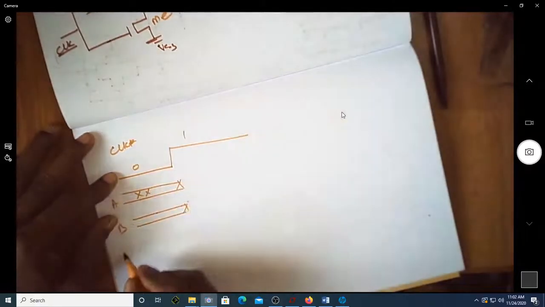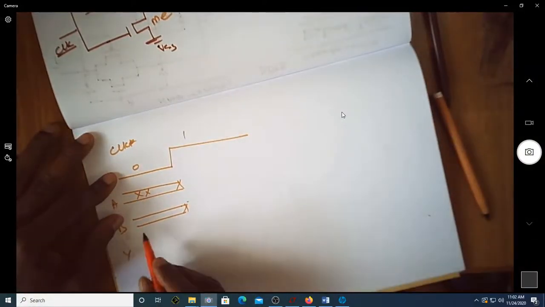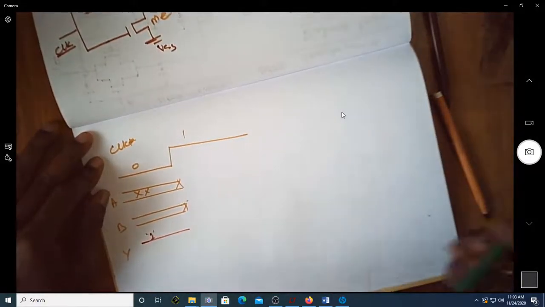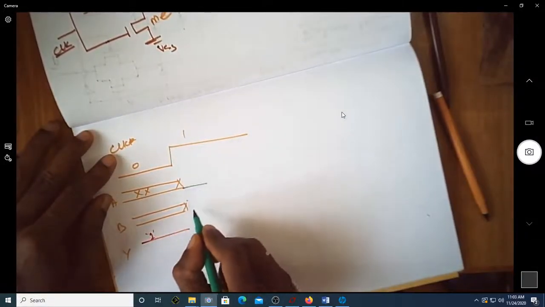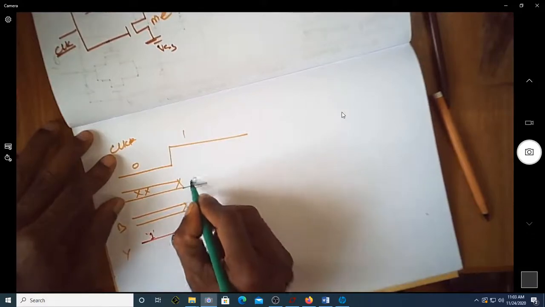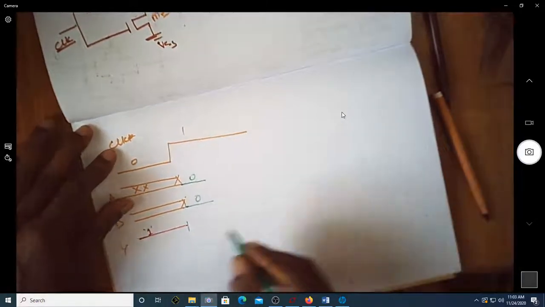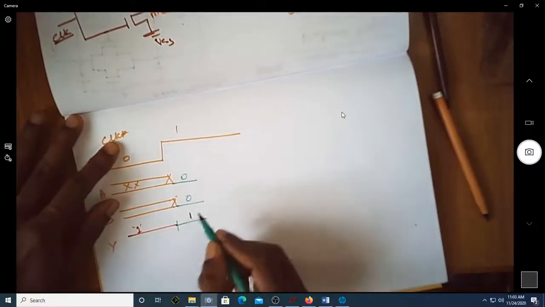Suppose I say Y: during this 0 it is high, so this is logic 1, because now you're in the pre-charge period. Once it goes high, assume that this is now 0 and this is also 0, so we have a 0 0 combination. Since it was pre-charged to 1, it remains in the pre-charge condition of 1.